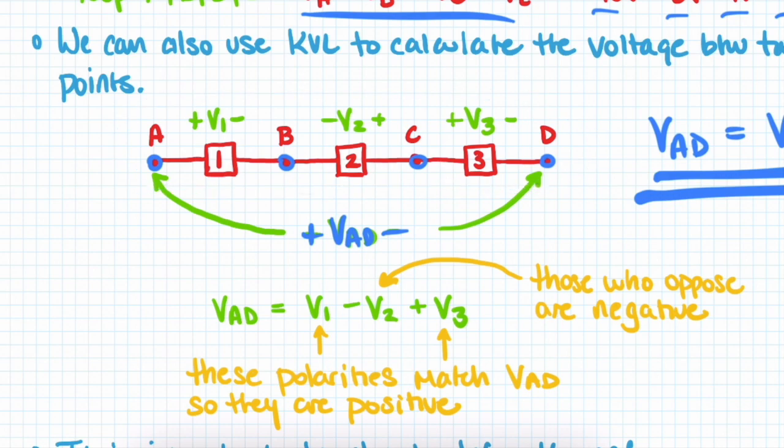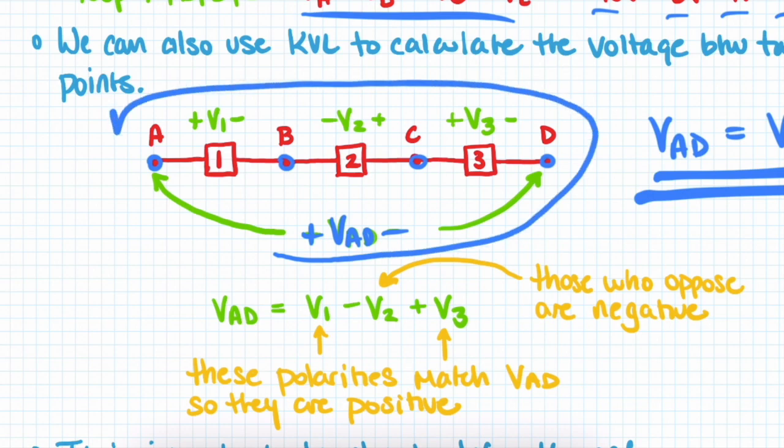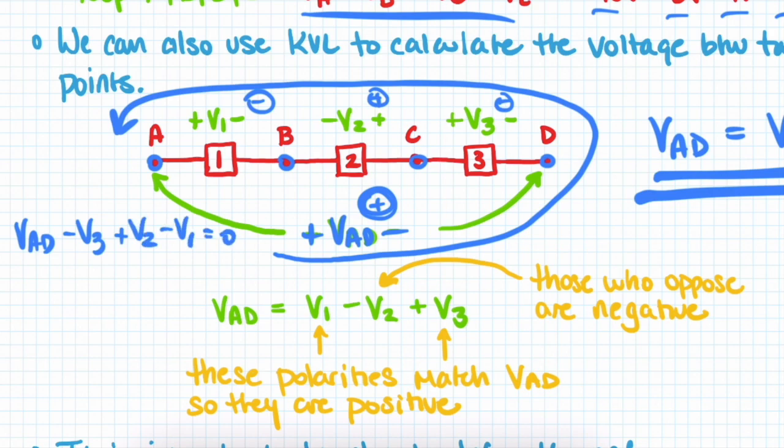Now, we said this isn't a loop, but it kind of is a loop. You can think about it as a loop. So let's imagine that we have a current flowing like this. Then we can use our same version of KVL from above. So this is a positive polarity, this is negative, this is negative. Sorry, no, this is positive, and this is negative. Okay, again, assuming that this is the positive referential direction. So we have VAD minus V3 plus V2 minus V1 equals 0.